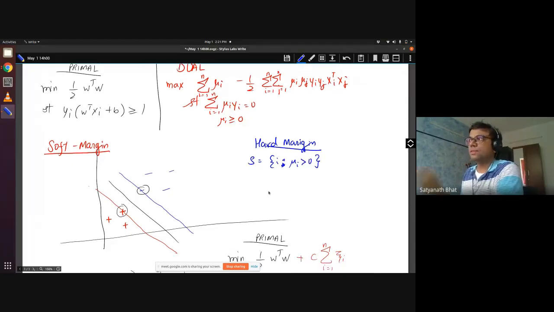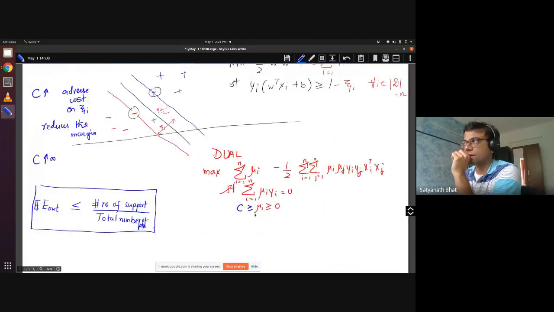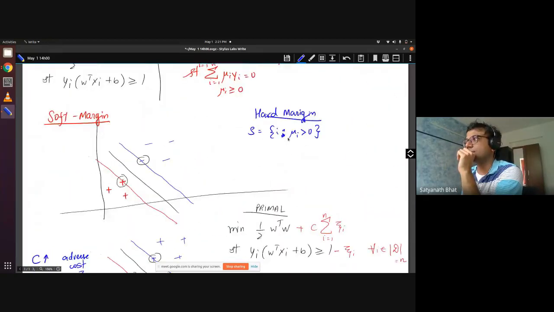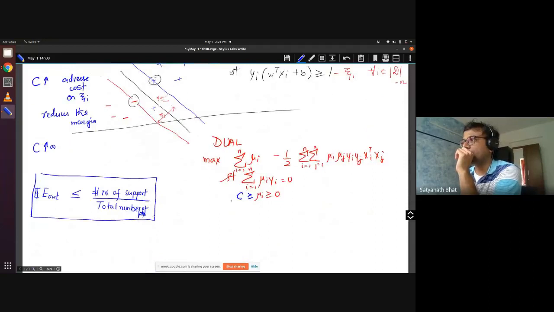In the context of soft margin as well, we will have the same thing. So we will look at S as the collection of all i such that mu i is bigger than 0 and less than or equal to C.